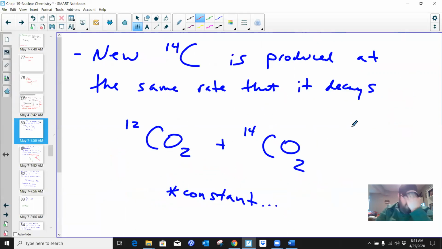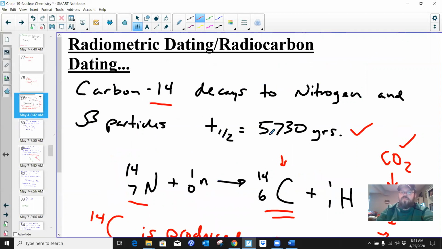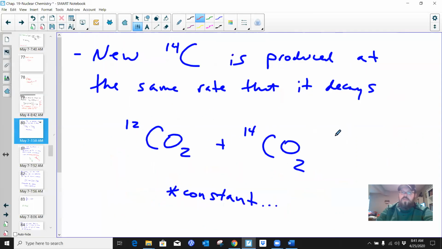So the interesting part about it is the half-life of carbon-14, and this is part of the reason why they choose this isotope: new carbon-14 is produced at about the same rate as it decays. So in other words, in our atmosphere, there is this balance of how much carbon-14 is present versus how much carbon-12 is present. It's always constant, okay?